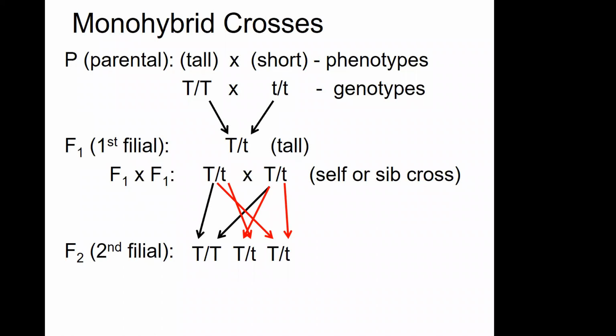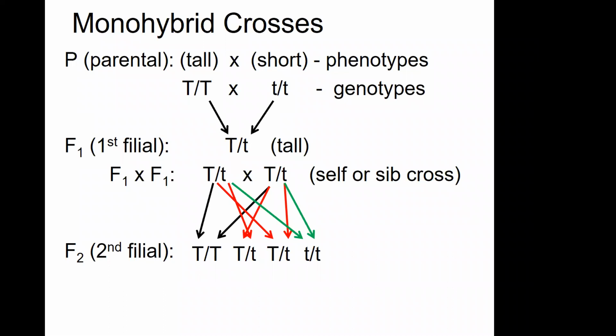It could be the little t from parent one and the big T from parent two, or it could be the big T from parent one and the little t from parent two. So there's two possible ways that could happen, so it's going to happen twice as often. And then there's one last way where each parent could pass on only their recessive t allele.